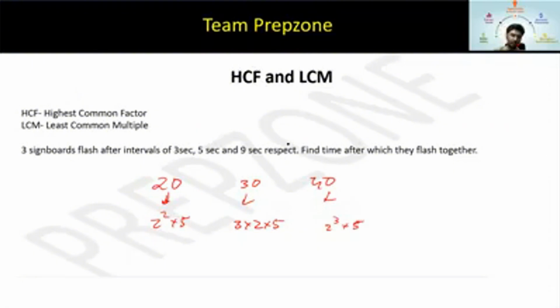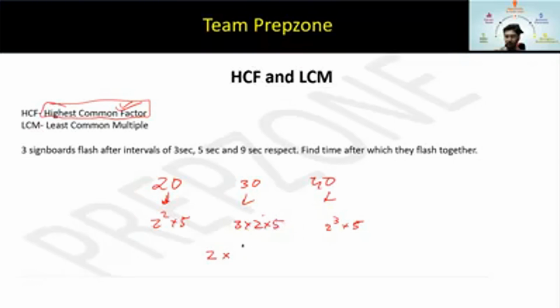So when I'm taking out HCF, that is the highest common factor, what will I do? See, 2 has the highest power of 2 here, 2 has the power of 1 here, 2 has the power of 3 here. I will take the least power of these. So the least power of 2 is 1.